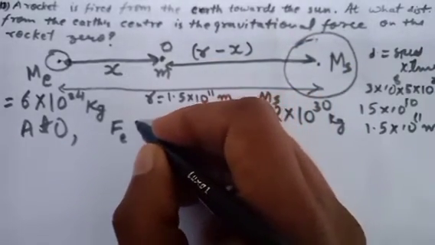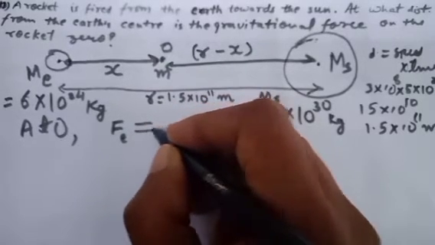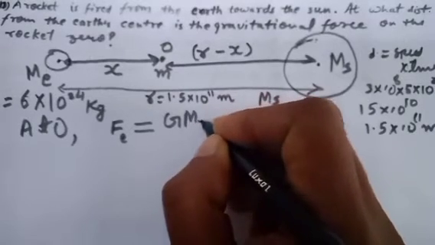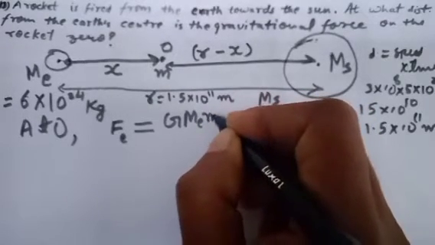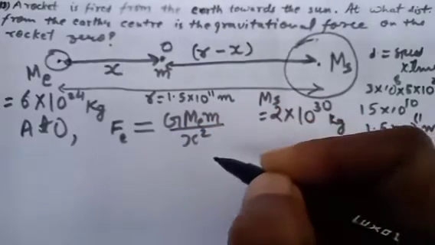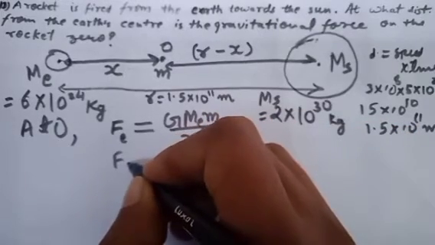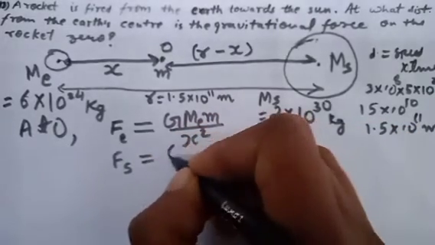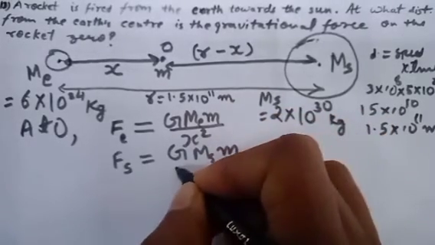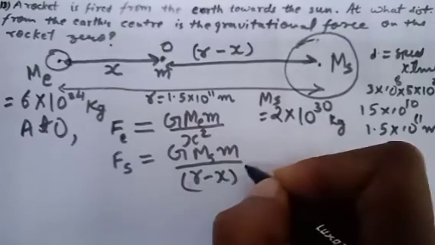So F due to Earth is equal to G Me m upon x square, and F due to Sun is equal to G Ms m upon (r minus x) square.